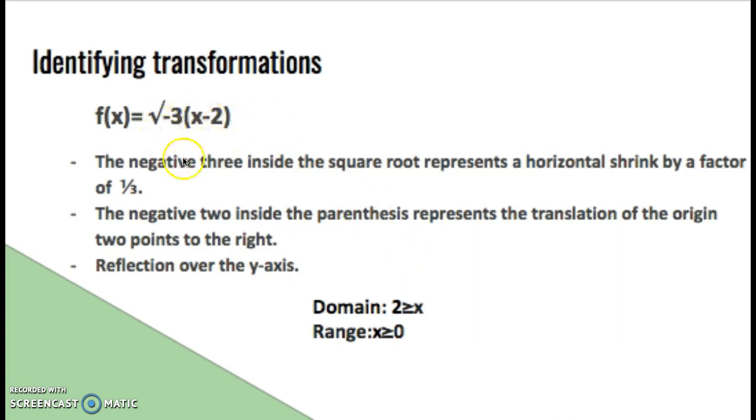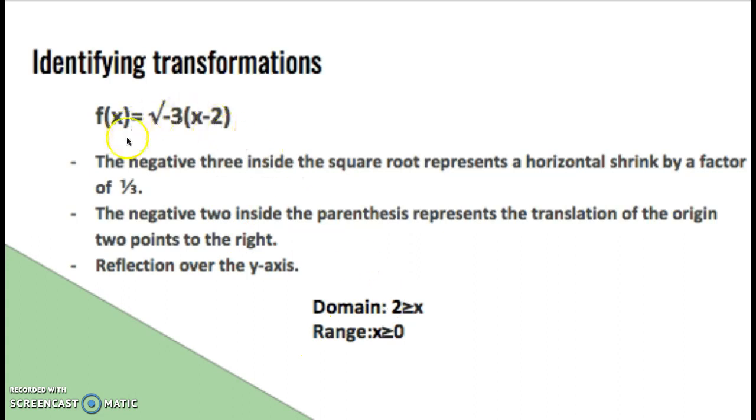That's because it's also inside, so that means that it's the opposite. And that instead of going to the left, it goes to the right. The reflection over the y-axis, it's gonna be thanks to this negative symbol before the 3. That makes the whole graph reflect over the y-axis.